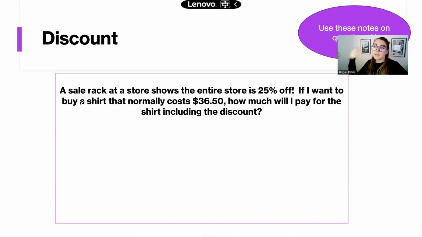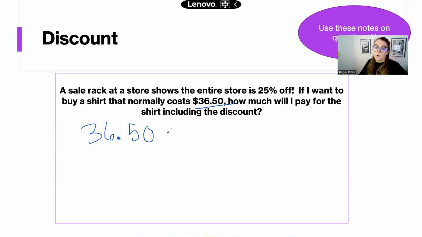Whenever we've calculated tax and tip in the past, we always add to find our total. But think about what discount is. If I'm getting a discount on something, would that increase the price or would it decrease the price of my item? Well, a discount is a decrease. So think about what operation we're going to need to use after we calculate the amount of discount. As always, I'm going to start with the amount of the item I'm purchasing, which was $36.50.